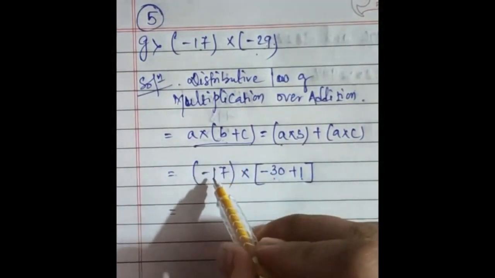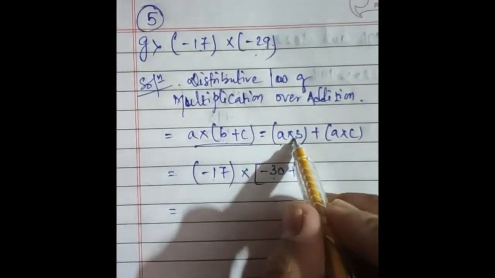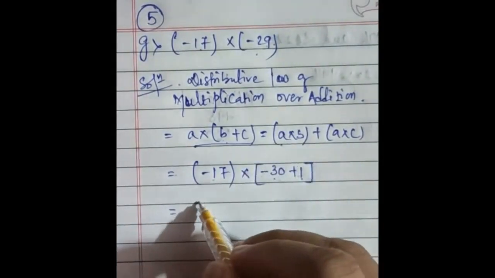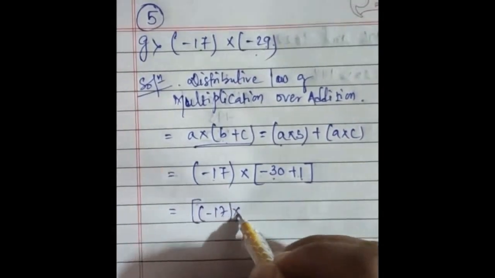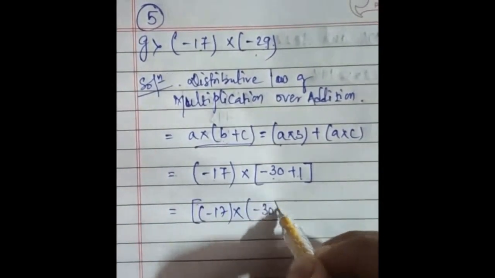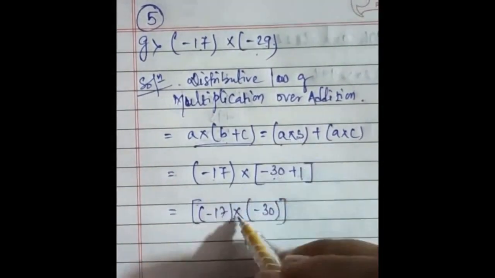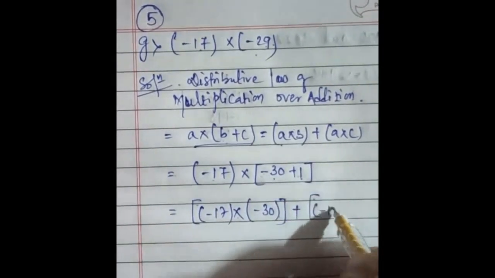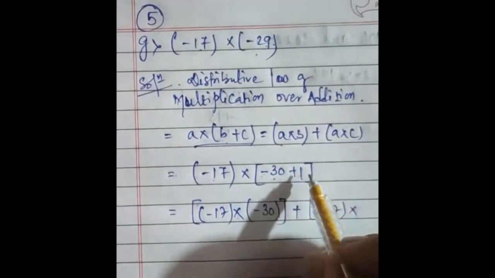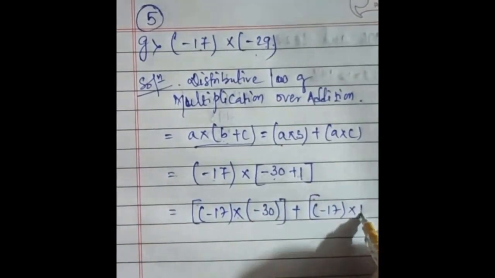So you got this a into (b plus c). Now we are going to write this form: a into b, that is a is here minus 17, b is here minus 30. This is your a into b, plus now your a into c. So a is here minus 17 and c is here 1.